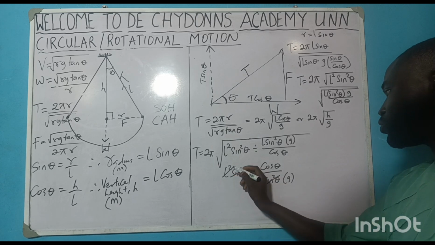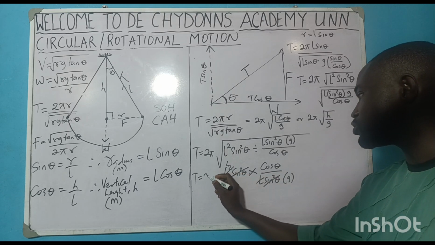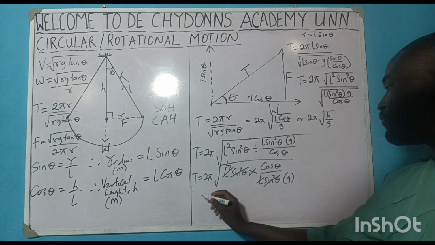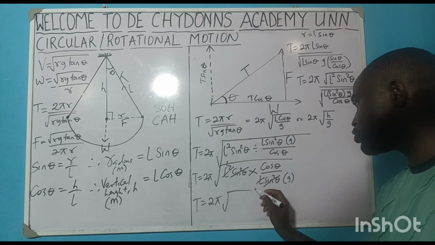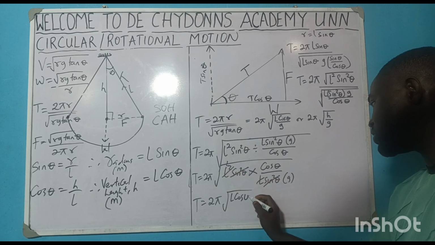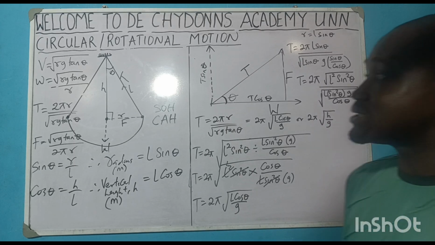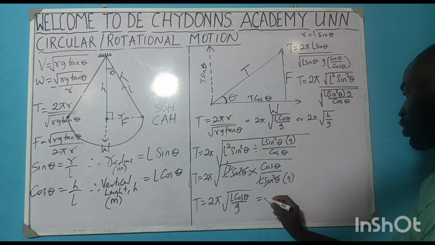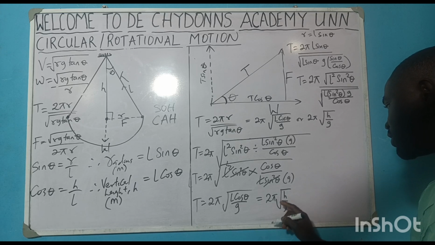L will cancel what we have here, leaving you one L. Therefore, T is equal to 2 pi square root of L remains here, L times cos theta all over g. So we say that period is this, and that same period is equal to 2 pi root h over g.